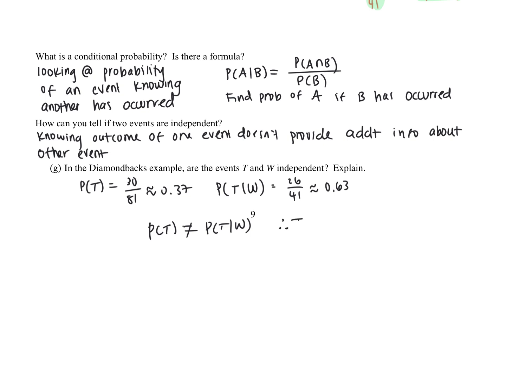That tells us that events T and W are not independent. If I tell you that the team won, that changes the probability. Okay.